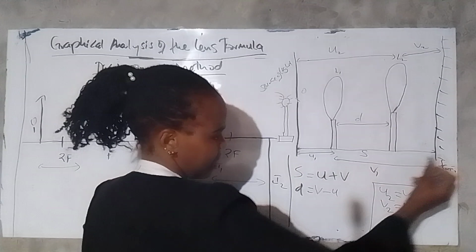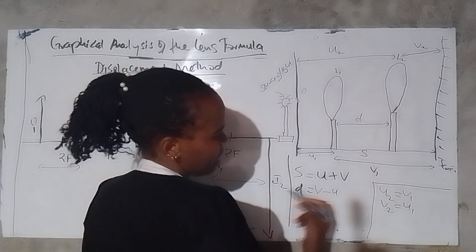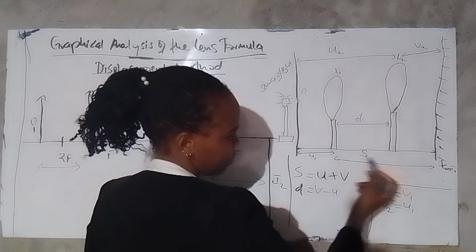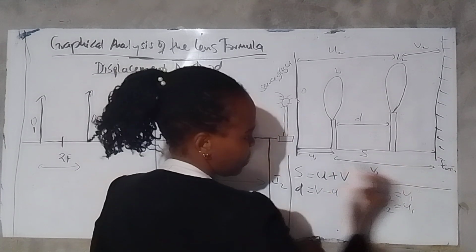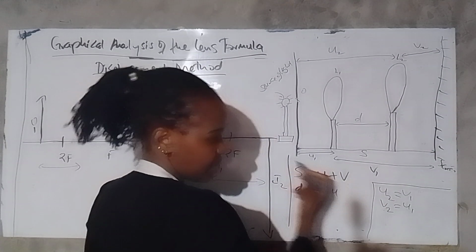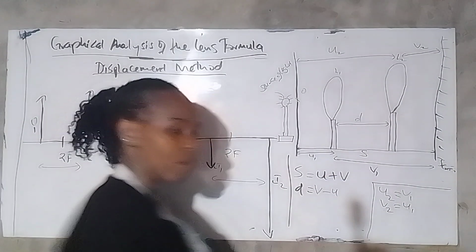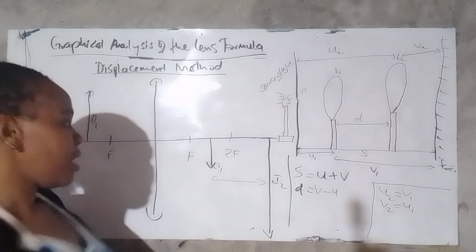The whole of that is S. From here to here is V1. Now to get D, from here to here, I must take that distance minus that distance. So it is V1 minus V2. But V2 is U1, so it is V1 minus U1. So it is simply V minus U.